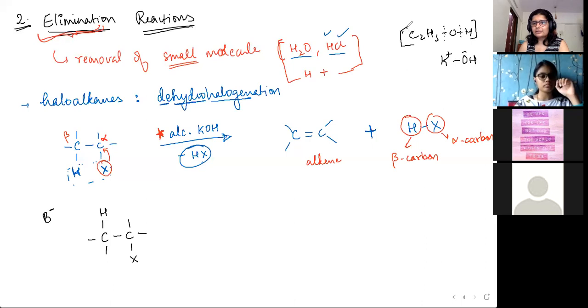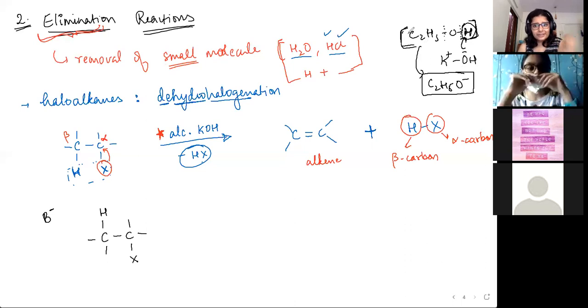Alcohol is not acidic, which means that its conjugate base is going to be pretty strong. So when this OH minus takes away this H, this results in C2H5O minus. This being the conjugate base of an extremely weak acid, you won't attribute acidic properties to alcohol, which means that its conjugate base is going to be extremely strong.